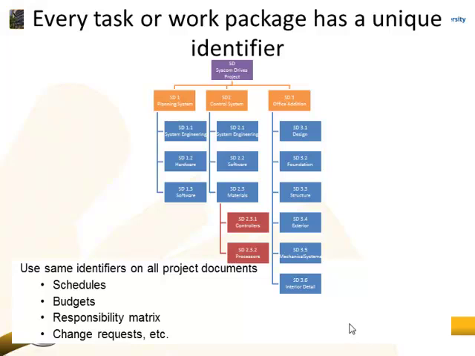Because when I look at this item, lay foundation, on my schedule, and it has 1A2, I can track it back easily to my work breakdown structure, and I can see, okay, it's actually part of the structure. Do you see that? So that's why the numbers have hierarchy information built in. And as I've said, all the things that subsequently follow, your schedules, your budgets, your responsibility matrix, your change requests, your risk register, all of those have exactly the same numbering.